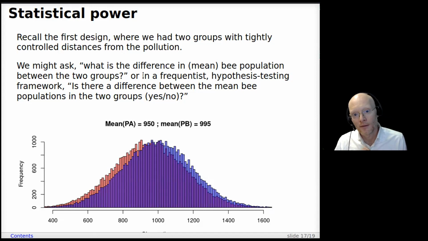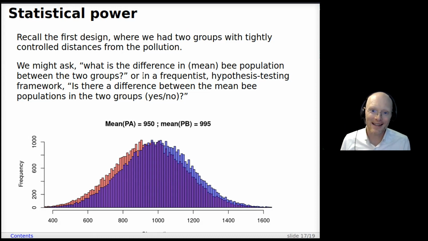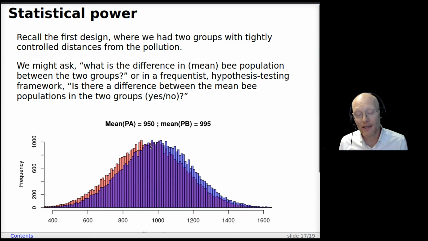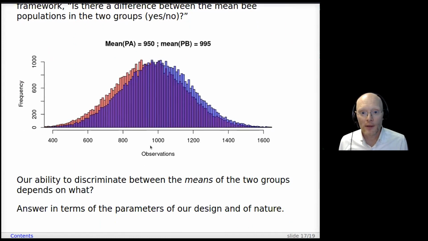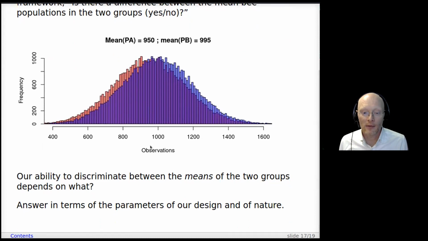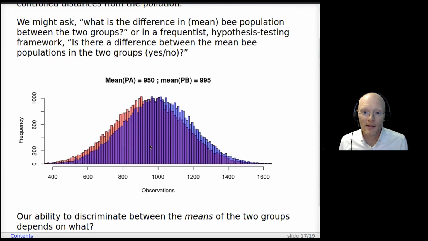And so the hypothesis testing frequentist question corresponding to that research question is, is there a difference between the means of the two bee populations, yes or no? And then we're going to give some probability of being able to say that there is no difference.